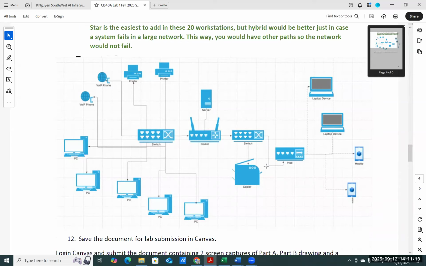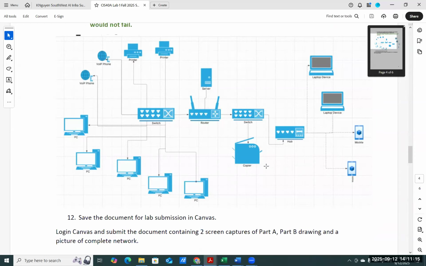So part B for lab 1 requires that we connect the workstations to the switches and the routers, along with the phone and all the systems for the small business. So in this diagram, you can see that this individual had set up the PC to the switch. So that's correct, right? You would connect this using the Ethernet cable to this particular switch.